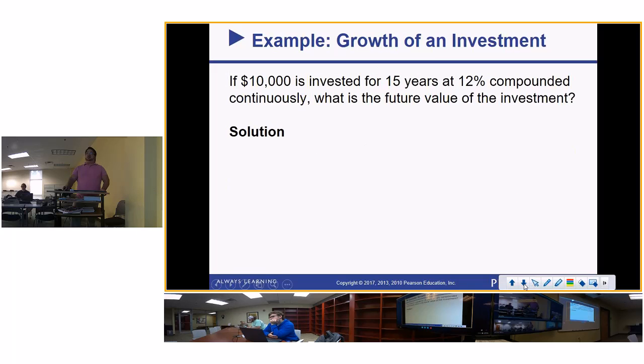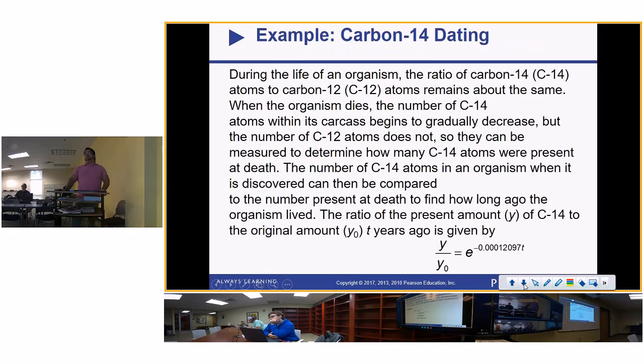Well, here it is. Y over initial Y is equal to E to the negative blah, blah, T. Okay? So you need to write that one down because you will see that on a standardized test. Especially if you're in biology. Any kind of biology. And you got to know how to use E. And you know how to use E because I just showed you how to use E.